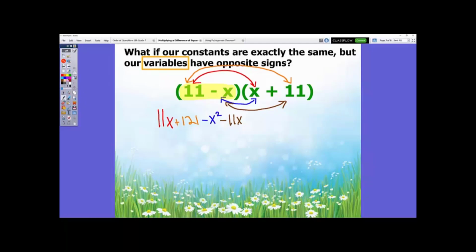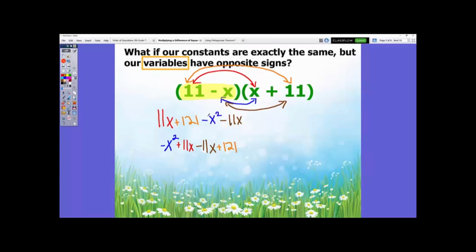So we're going to reshuffle these so that it's in the proper order. Let's put the negative x squared in the front because it has the highest degree. We'll put both of our terms with our variable to the power of 1 in the middle. And we'll put our constant at the end where it belongs.